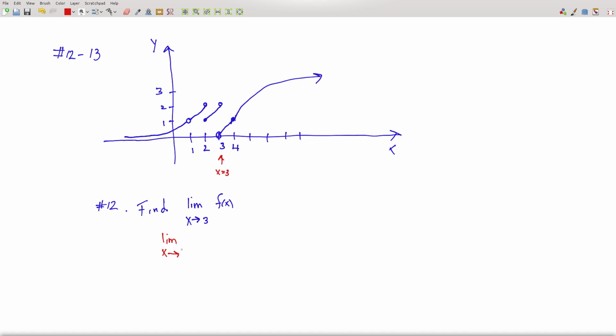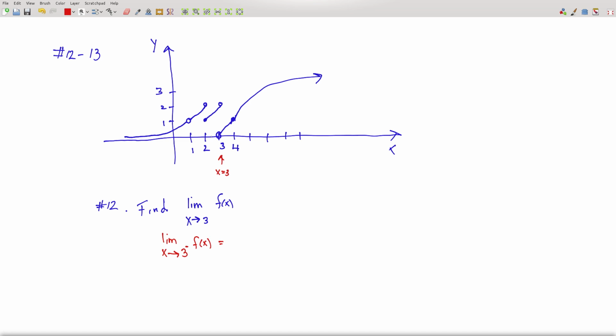So the limit as x approaches 3 from the left of f of x means these are the values of x that are to the left of 3. So, for example, 1 and 2 and 2.5 and 2.9 and 2.99 and 2.999 and 2.9999, and well, you get the idea. Can you see here?